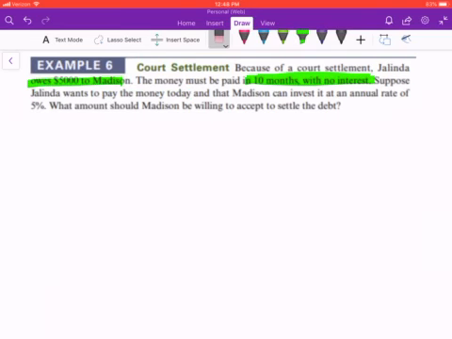One of them will be with the present value at 5,000. I'm sorry, the future value at 5,000.